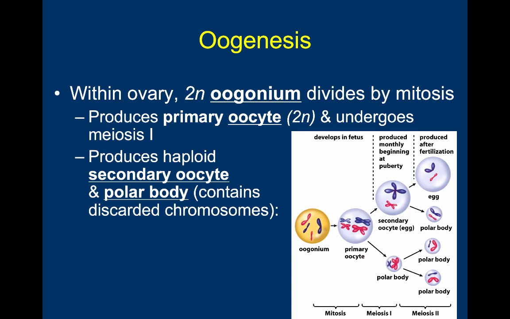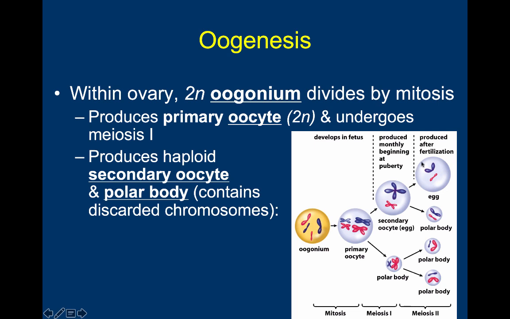Then pregnancy happens. So the secondary oocyte, if it's fertilized, and only if it's fertilized, will then go through a second round of meiosis to create an egg, and also a third polar body, which then also breaks down like the first and second polar bodies did. So again, the extra chromosomes left over didn't make it to the egg cell, they go into a polar body, and this breaks down.